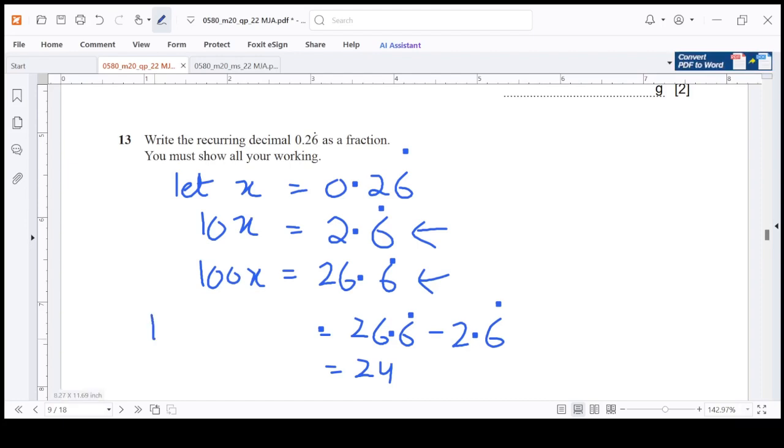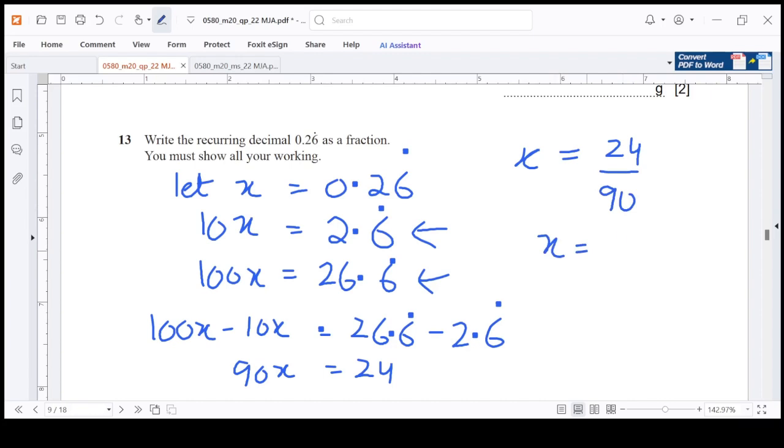So I'm also doing that on the side. 100x minus 10x gives 90x. So we're getting 90x equals 24. That means we're getting 24 over 90. Now we're going to cancel this with 2, so I get a 12 in the numerator and 45 in the denominator. That should be the answer.